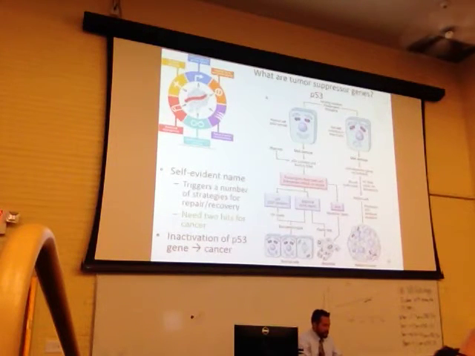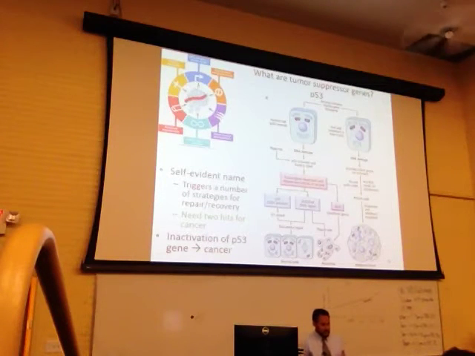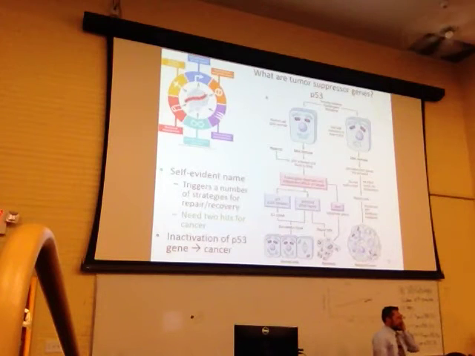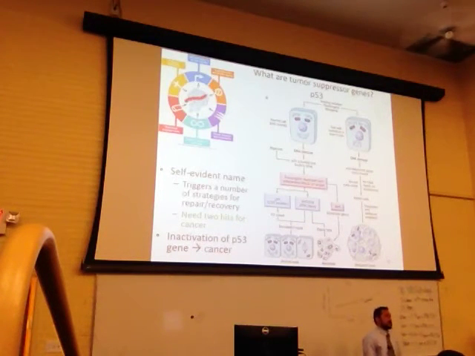We're going to talk about two in significant detail. So a tumor suppressor gene is one that protects the cell on its pathway to cancer. And P53 has been identified as the central monitor of stress in the cell.